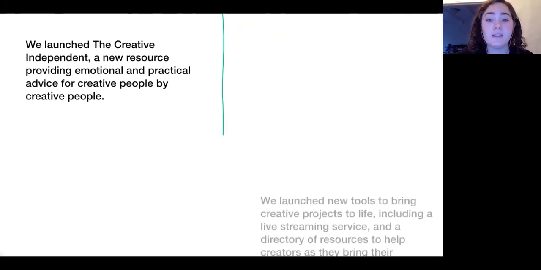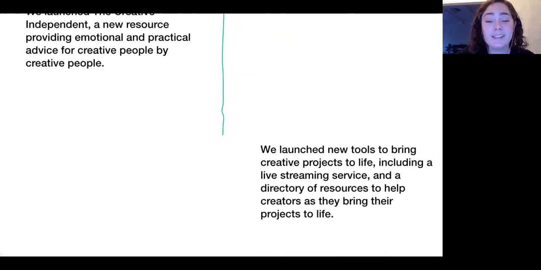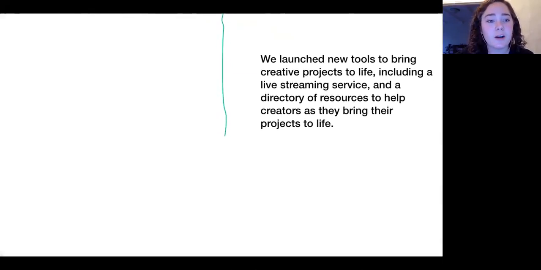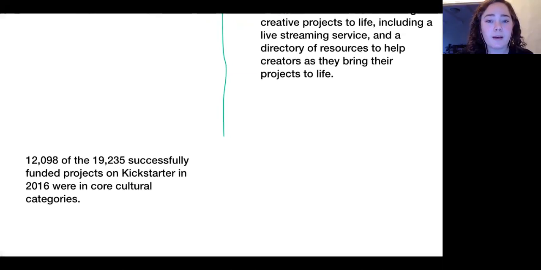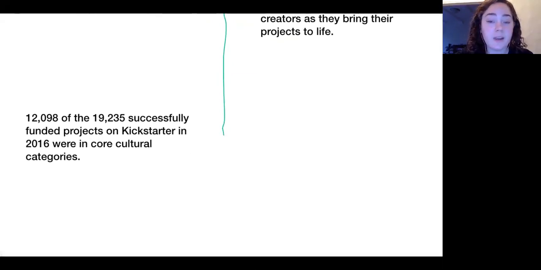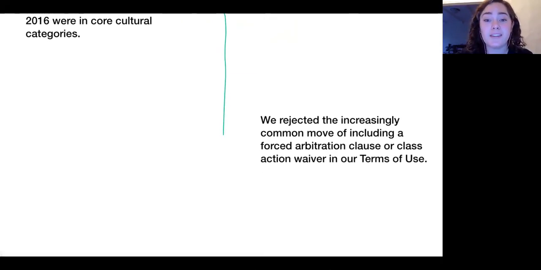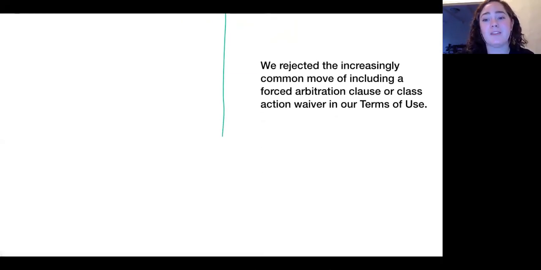And all of this is tracked on our website, so you can take a look. And the real point of this is we wanted Kickstarter to act more like a person who has goals beyond profit. So we do hold ourselves to a higher standard in how we impact the world around us.